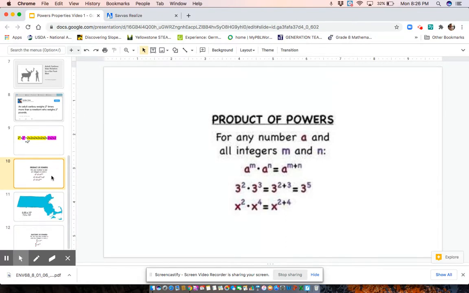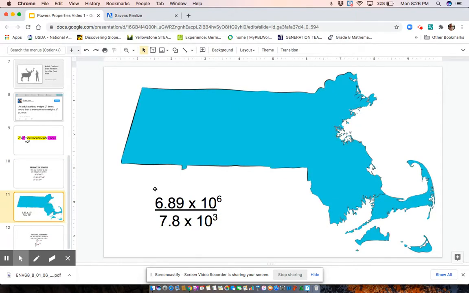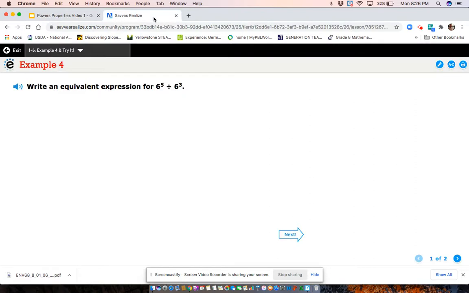Now, in addition to multiplying, we had also divided. We'd found the population density of Massachusetts by dividing the population by the area here. You might remember where we just divided the coefficients and then subtracted the exponents. So here's another example where this time, instead of dealing with powers of 10, I have 6 to the fifth divided by 6 to the third, right?